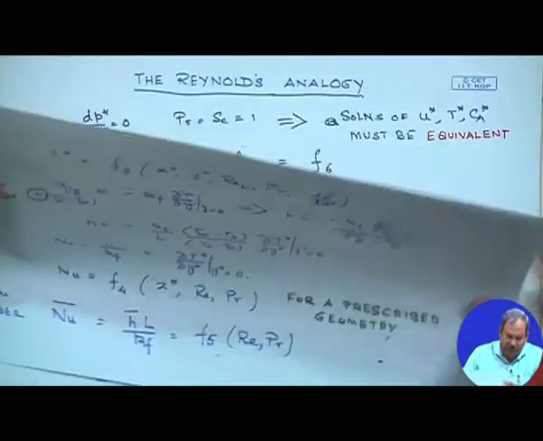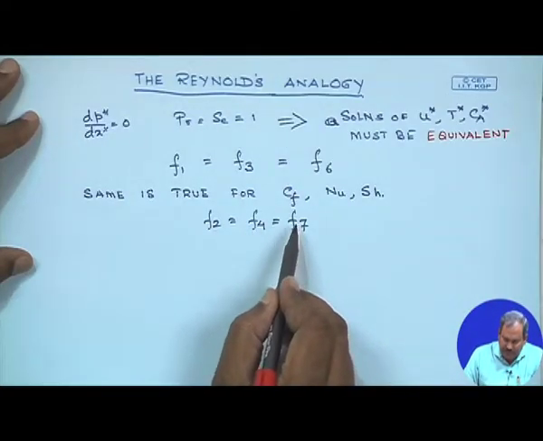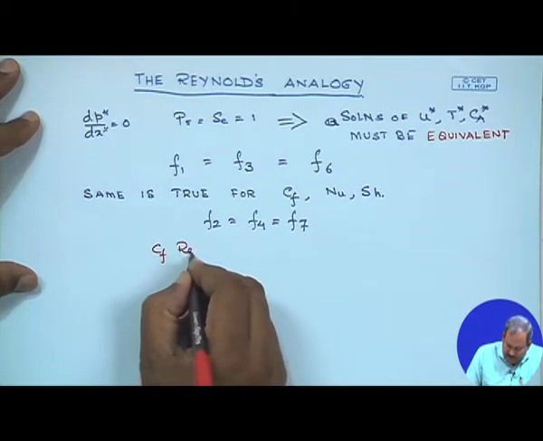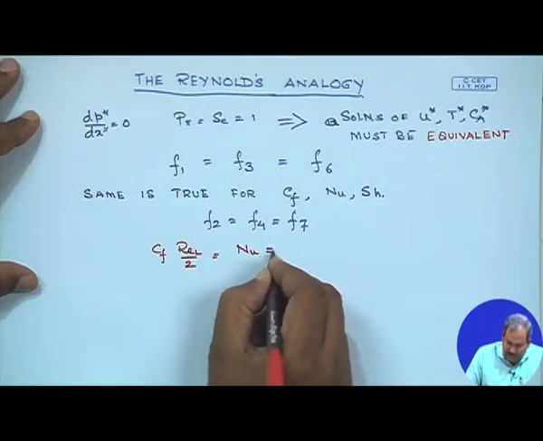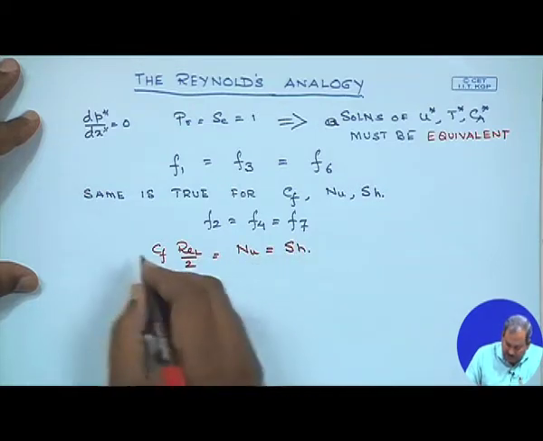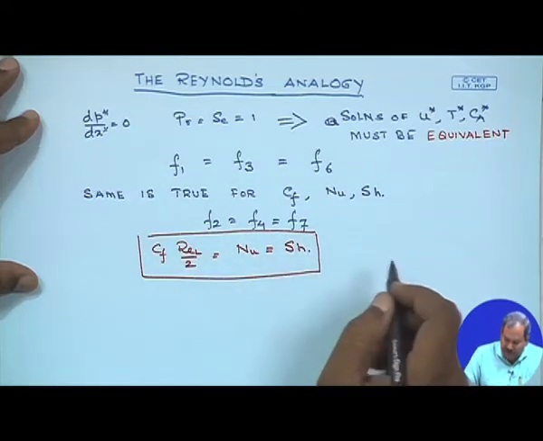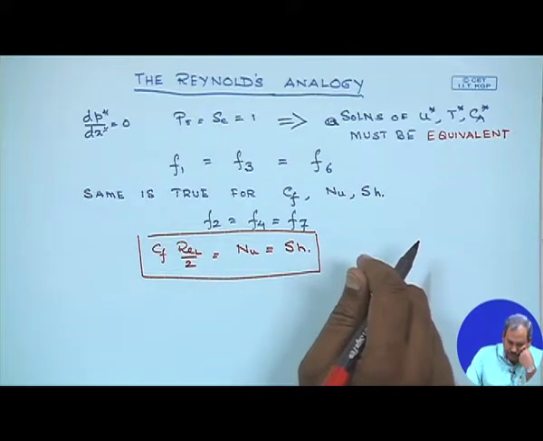So, if F2, F4 and F7 are equal, which tells you that Cf REL by 2 is equal to Nusselt number is equal to Sherwood number. So, this is the relation that you would get in the case of Reynolds analogy.